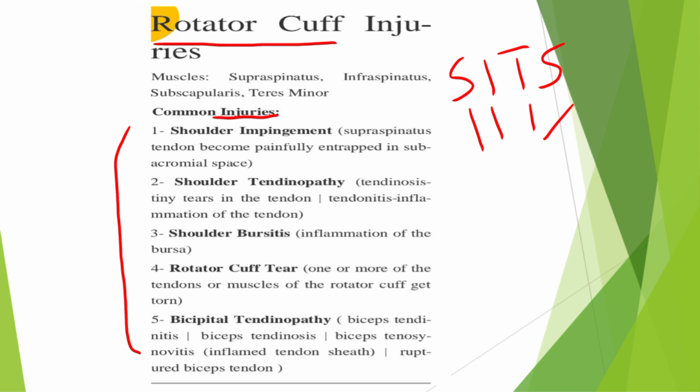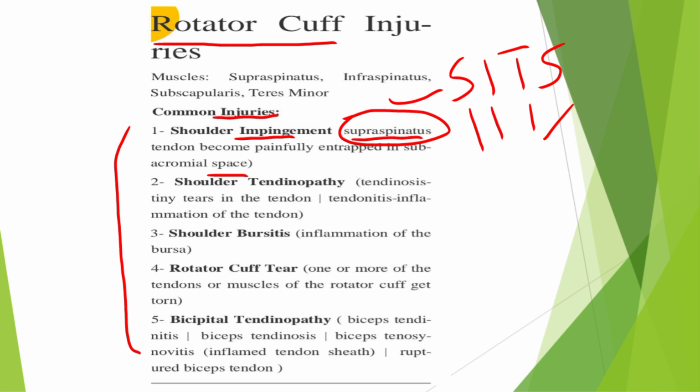The first is shoulder impingement. In shoulder impingement, what happens? The supraspinatus tendon becomes painfully entrapped in the subacromial space. Supraspinatus is a muscle that is above the spine of the scapula, and its role is to do abduction 0 to 15 degrees.